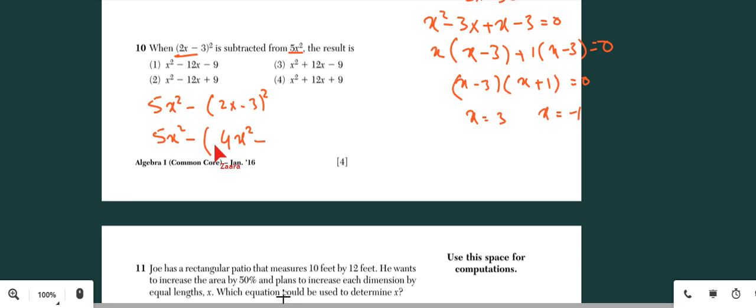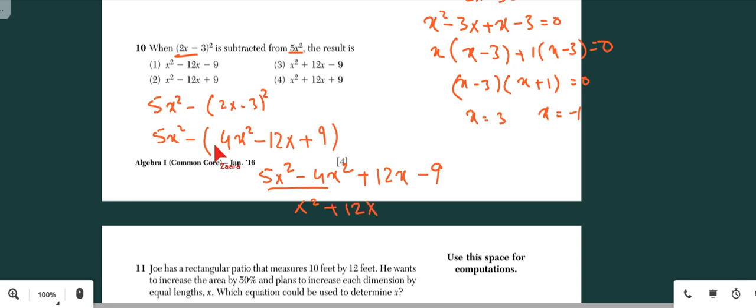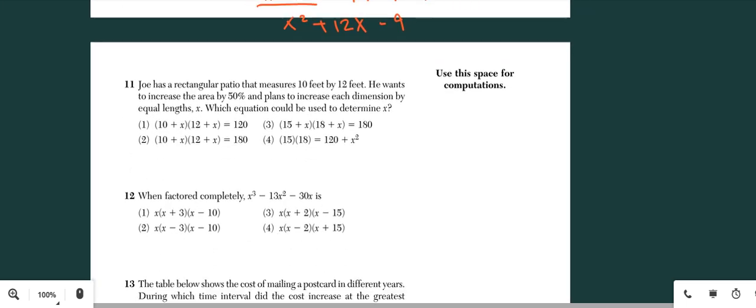So 2 times 2 will become 4, 4 times 3 will become 12x plus 9. Then it will become 5x square minus 4x square. Due to this negative it will become positive, so it is 12x minus 9. So I will get x square plus 12x minus 9, which is here. x square plus 12x minus 9. Am I right? Yeah. Okay, thank you.